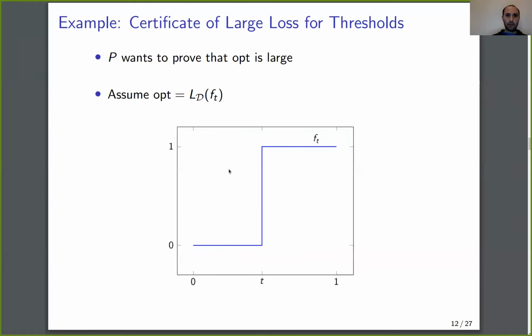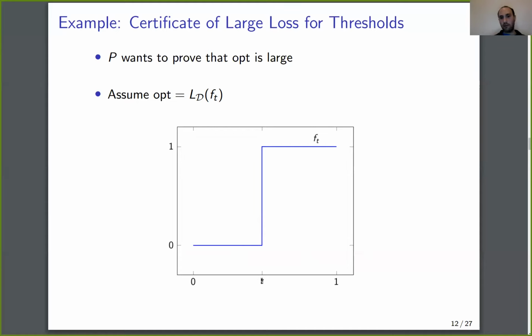The prover sends some particular hypothesis, and it wants to convince us that that's a good hypothesis, and therefore it needs to show that opt is large. So let's assume that opt equals the loss of f_t for some threshold function t that we don't know what it is.